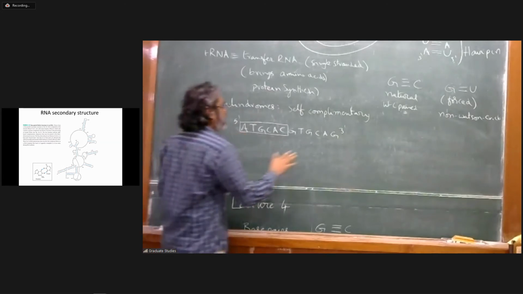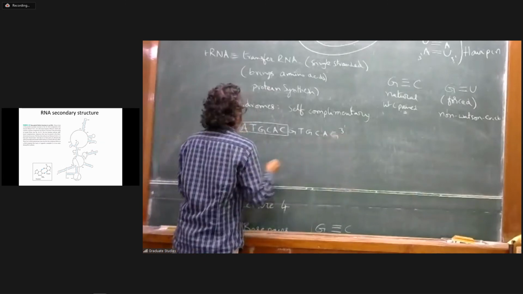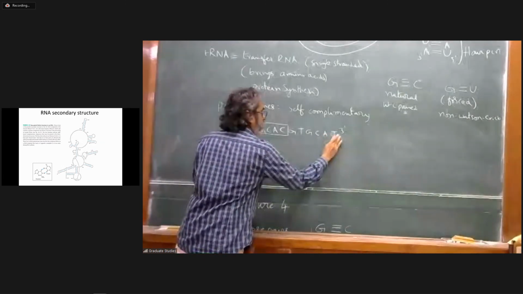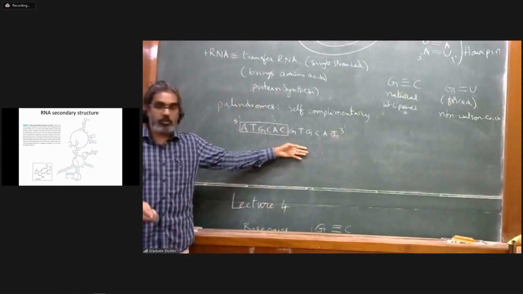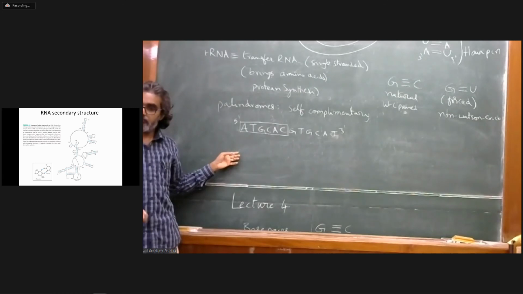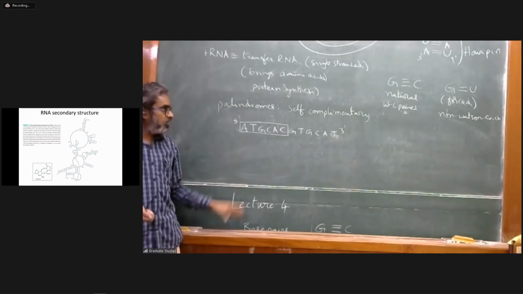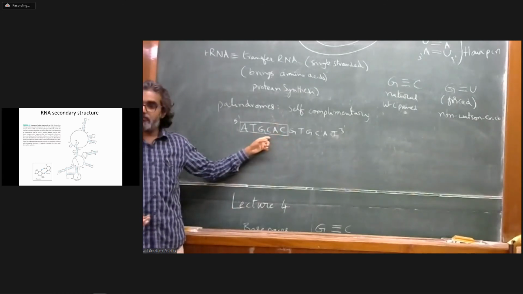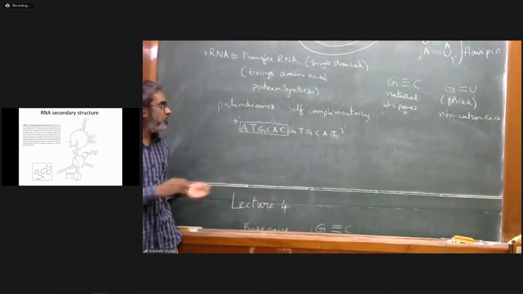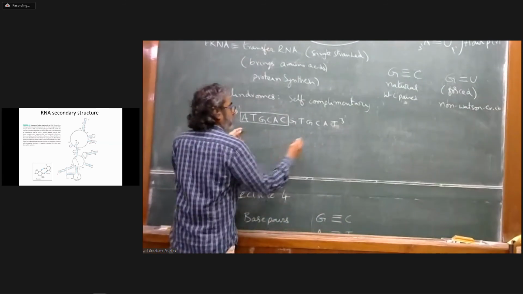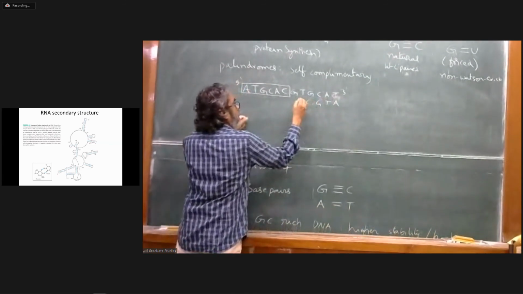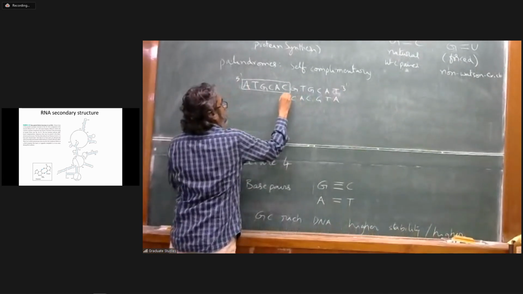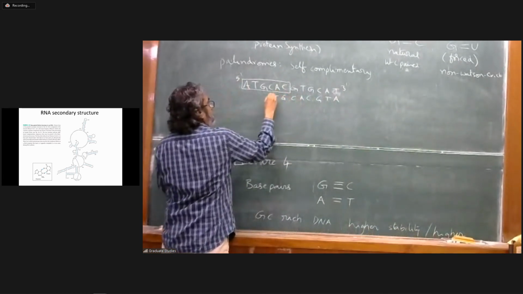Sorry, you're right. So this is self-complementary, so it doesn't actually need a complementary strand. By itself it is a complementary strand. If you write the complementary strand, you write A, T, G, C, A, C, G, T, G, C.